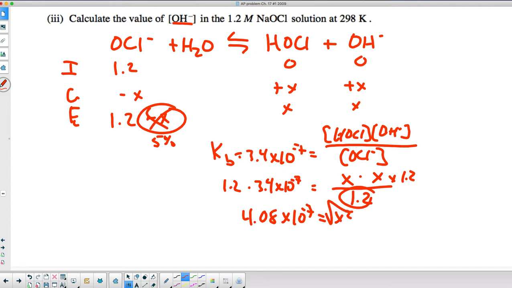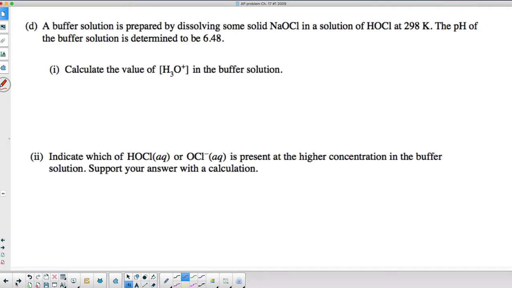Taking the square root, x ends up being about 3.7, but we'll round off to 4 times 10 to the negative 4th. This is our concentration of OH minus. Next, a buffer solution is prepared by dissolving some of the solid. Okay, let's keep going.